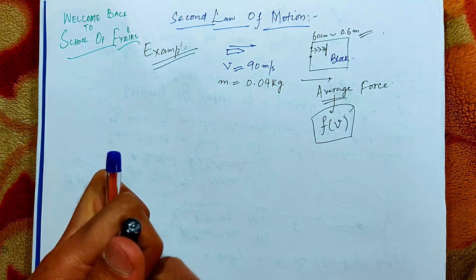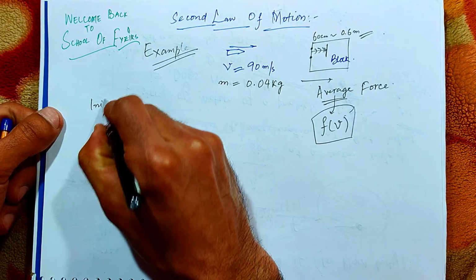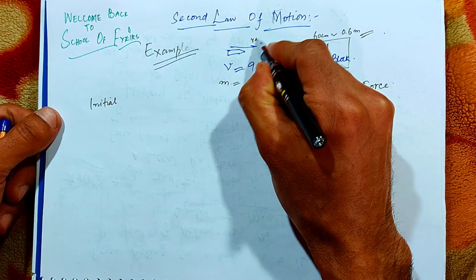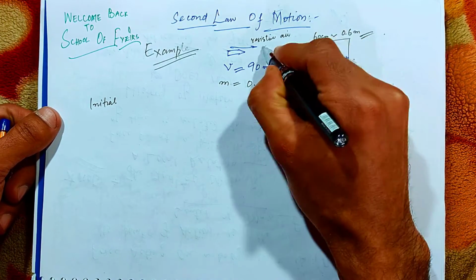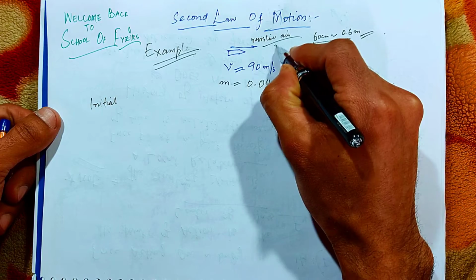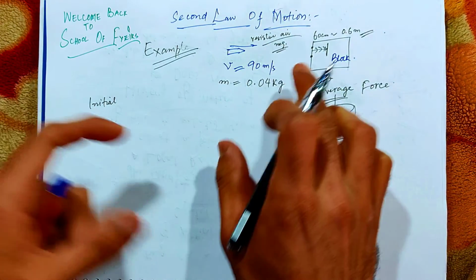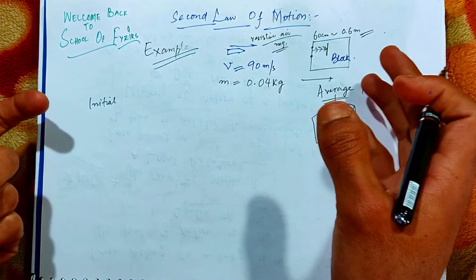Now how to calculate this? We have seen the initial velocity from the problem, and keep in mind the resistive force of the air, or air resistance, is negligible or zero. Otherwise all these effects come into play and will alter the shape of the problem.